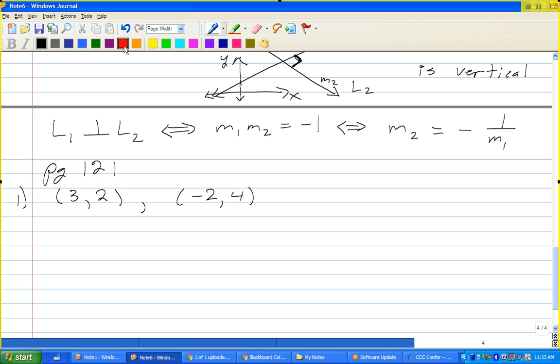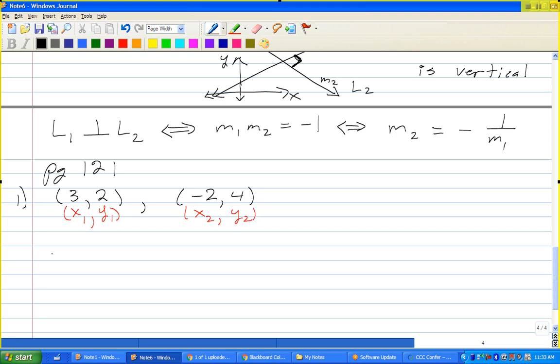Let's call this, and it doesn't really matter what I call this, maybe I'll call this x1, y1, and I'll call this other one x2, y2.